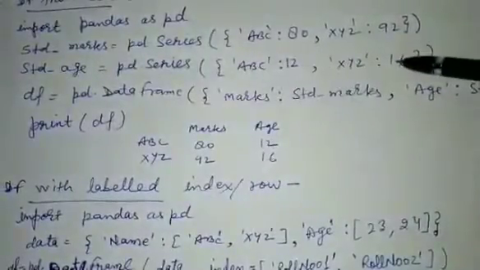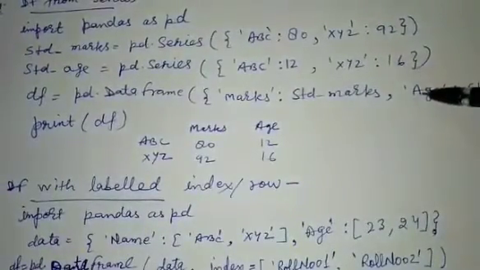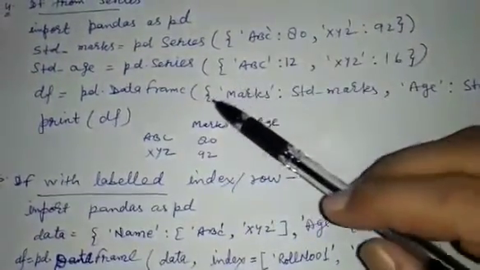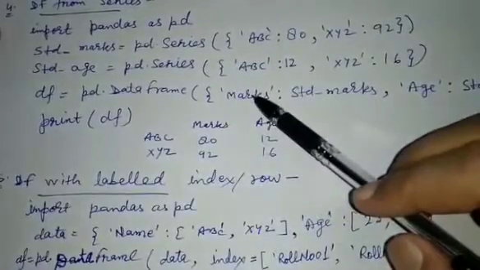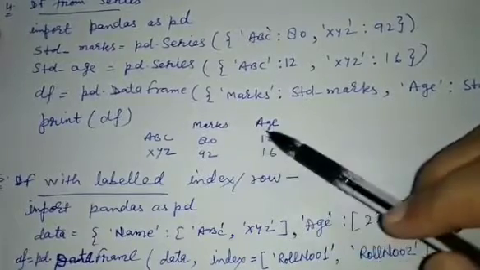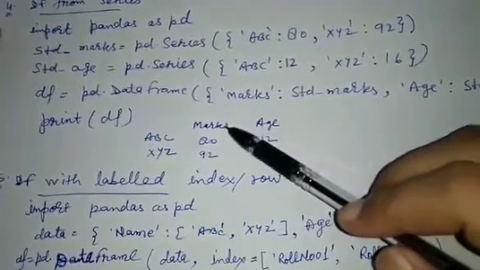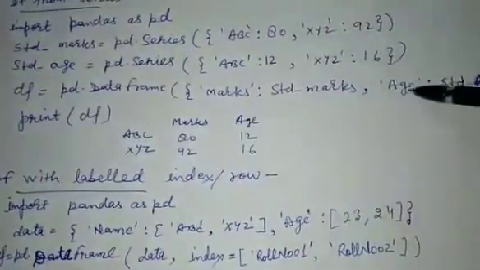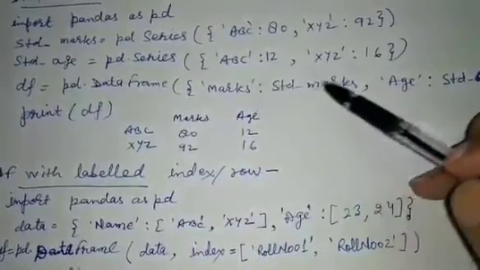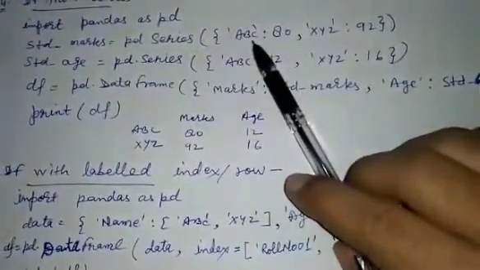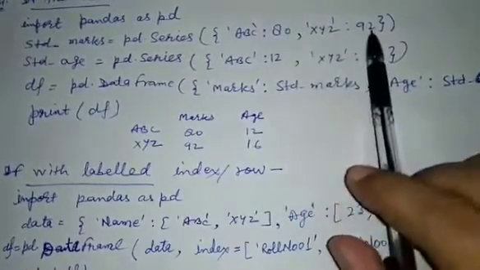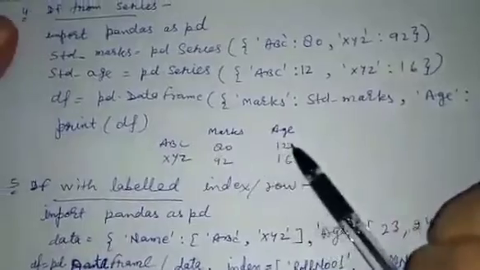So values will be retrieved from there, and the field headings will be these two. As I already told you, the dictionary's keys will be taken as the names of the columns. So marks will be the name of the first column and age is the name of the second column, and its values are derived from the std marks series in which there are two elements, abc and xyz, having values 80 and 92. You can see over here.